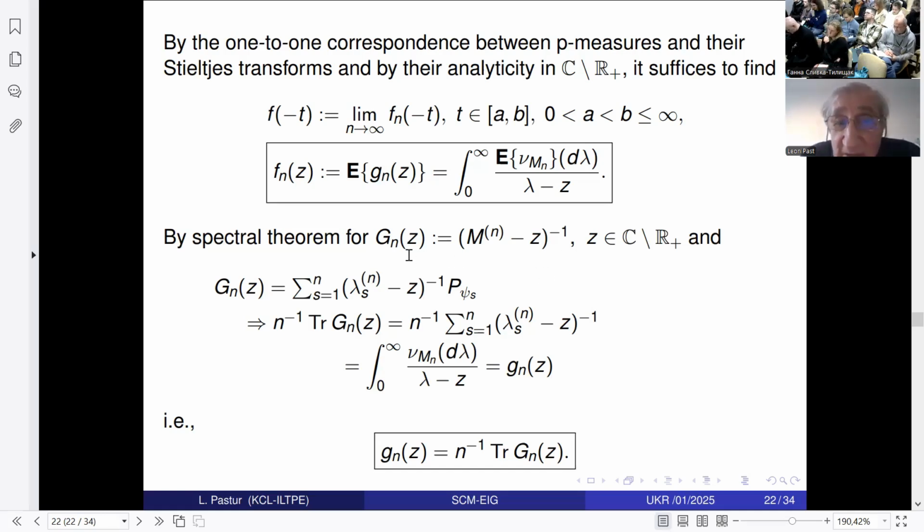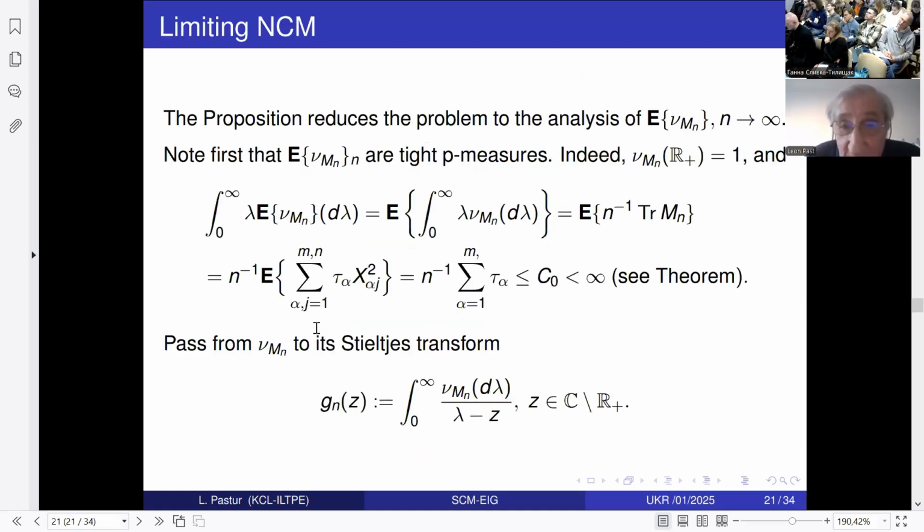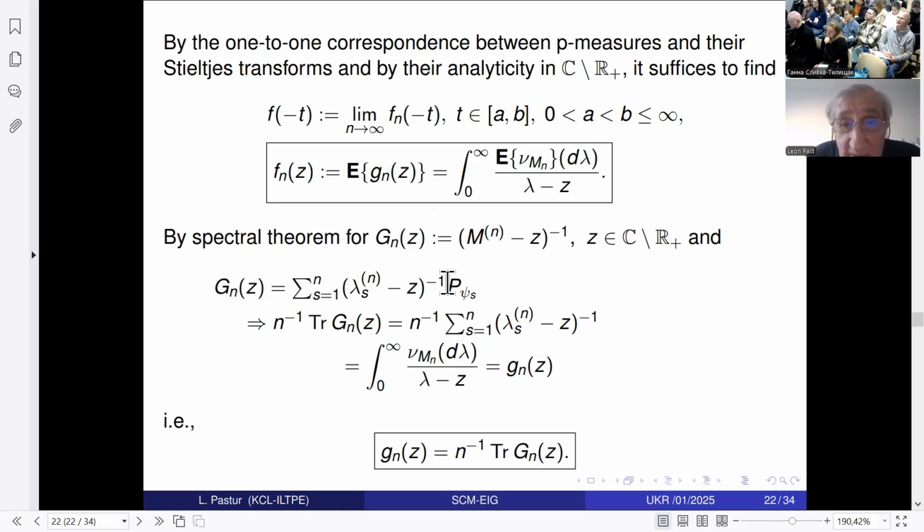And now I will use the spectral theorem and write the resolvent in that form. Now, if I need 1 over n trace of G, I apply to this equality the normalized trace, and this will be this sum. And by definition of the measure, it is just the Stieltjes transform.